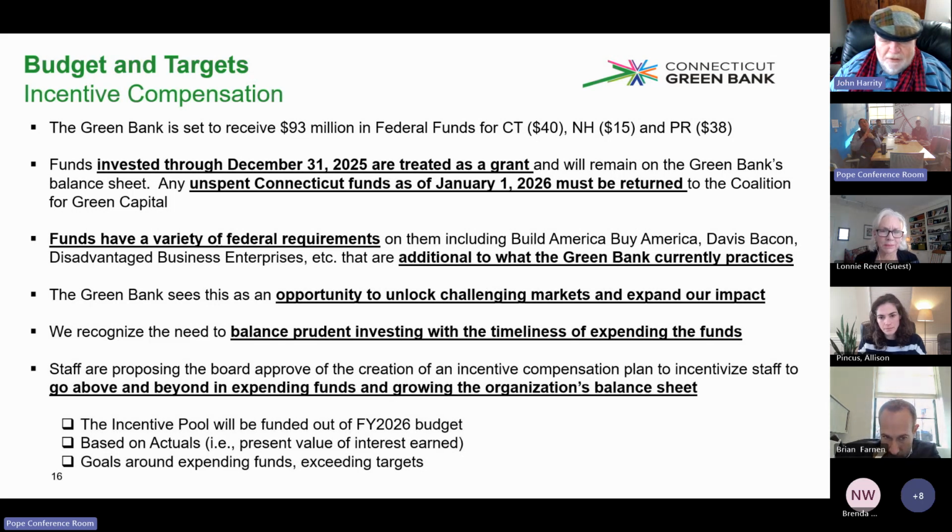Any other discussion on this? Adrienne. Yeah, I think it's a great idea to think about this, because it ties the performance so directly to successes that have already been acquired. And this is a big deal, and it won't come around every year.